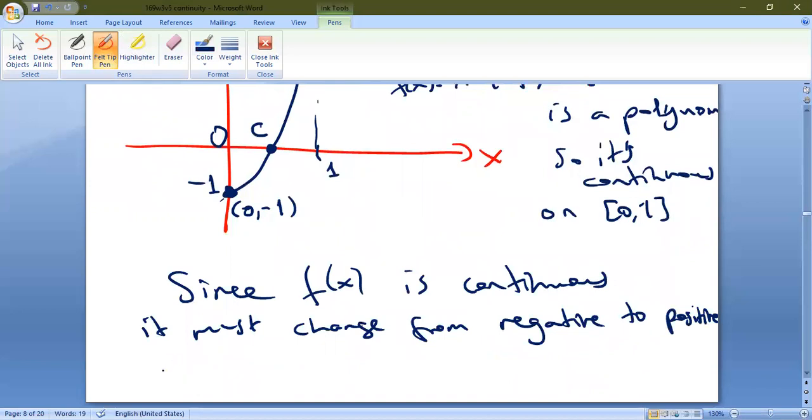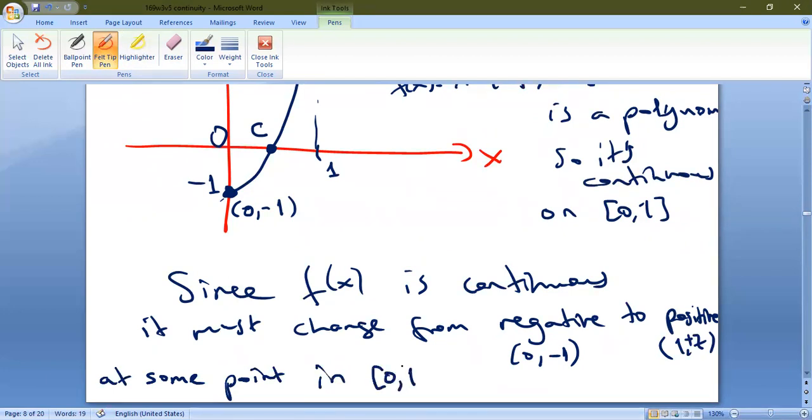From minus 1 at 0, to plus 7 at 1, somewhere in between, at some point in the interval 0 to 1. I should say open interval. Let's say that point is c.